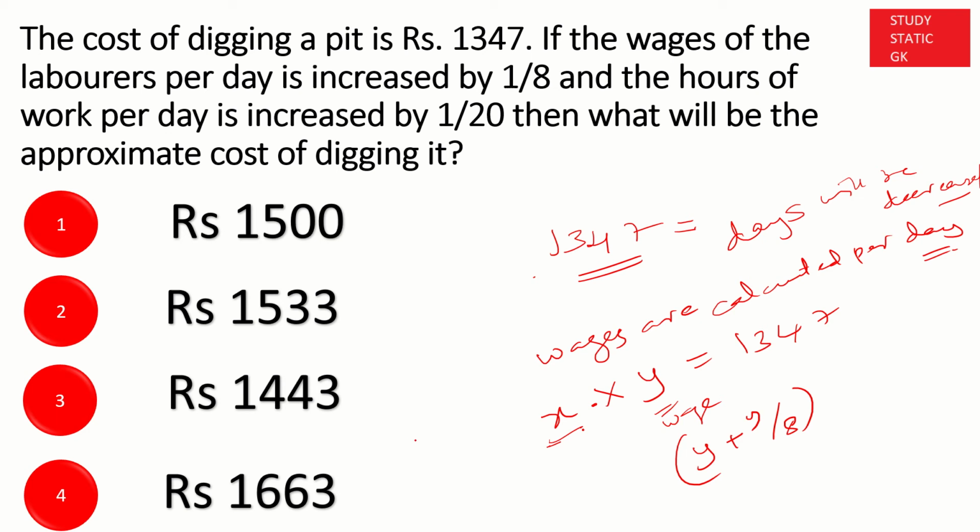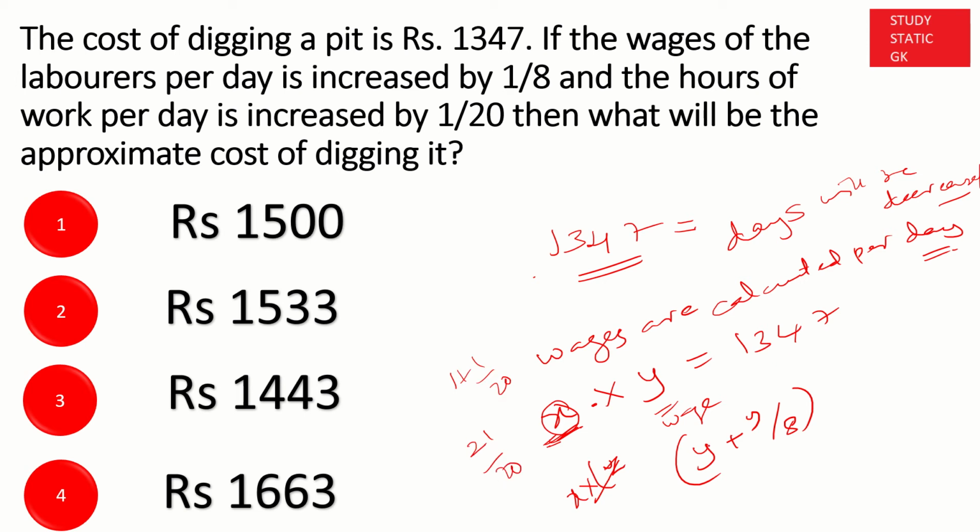Hours of work per day is increased by 1 by 20. Number of days is X, number of hours is some Z. These are increased by 1 by 20, plus 1 by 20, 21 by 20.